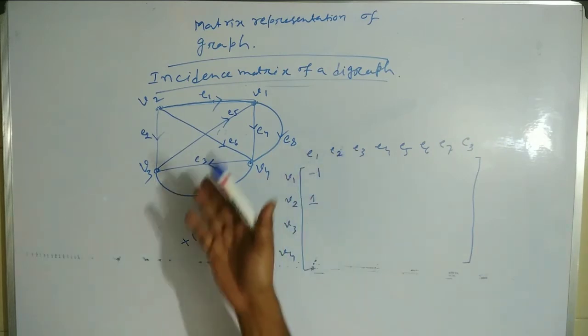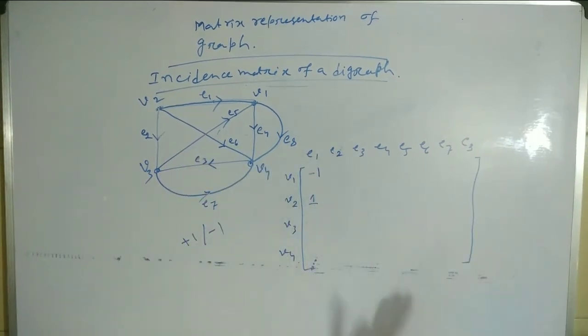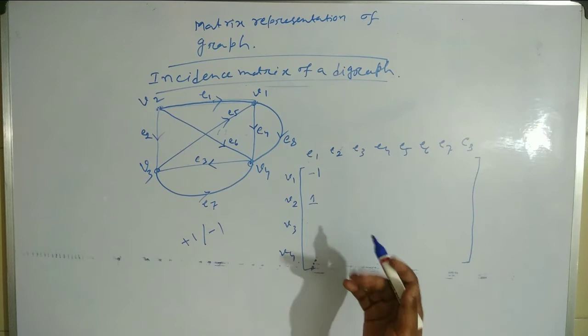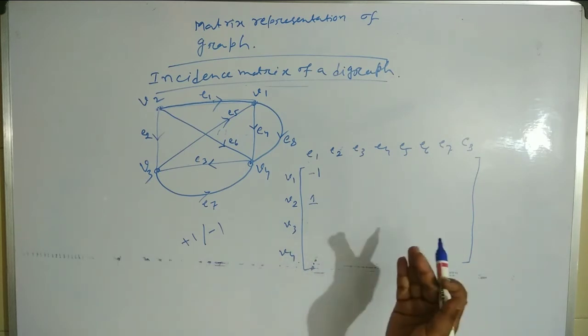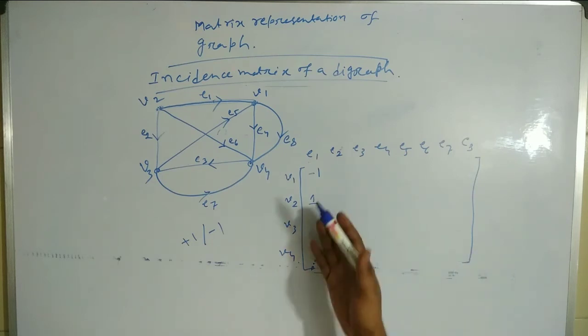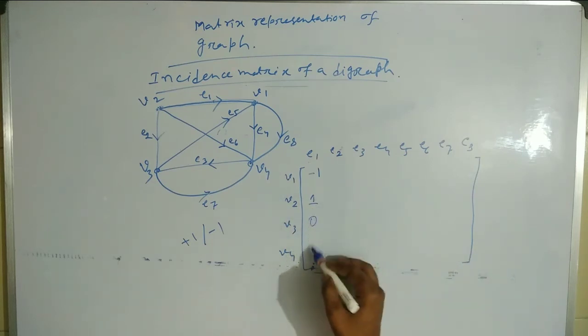In an undirected graph there was no such procedure. You have to put just +1. When it is a directed graph, if it is going out from some vertex, then put +1. If it is going into some vertex, put -1, and other will be 0.